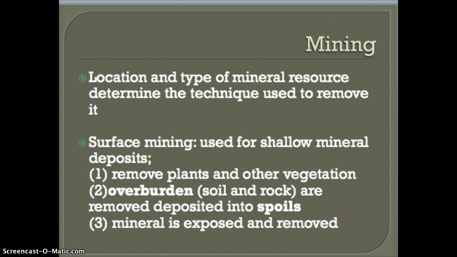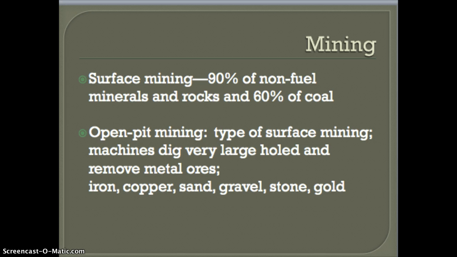So the overburden is moved to spoil piles, essentially is what it's called. The mineral is then exposed and then it's removed. Surface mining is probably the most common type of mining. 90% of non-fuel minerals and rocks and 60% of our coal is mined by this method.